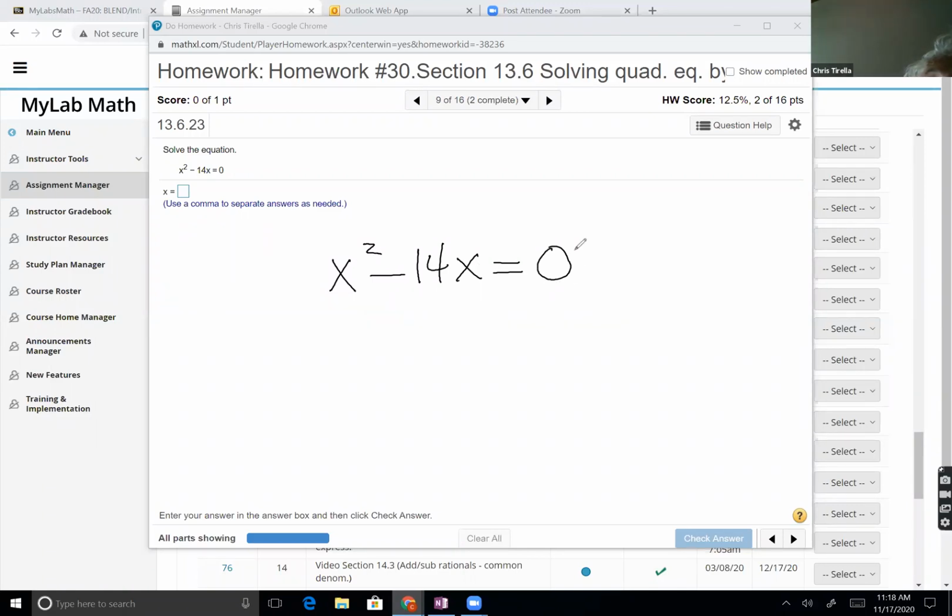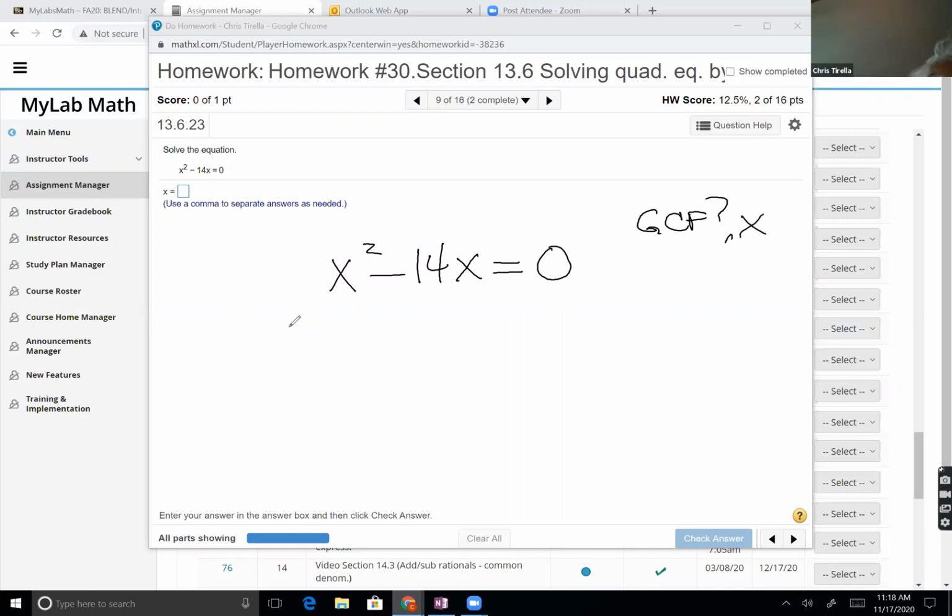One side is 0 already. But when I look at factoring what's on the left, does everybody remember that usually when we factor, we say, is there anything in common? And on the left, is there anything in common? X. Beautiful.